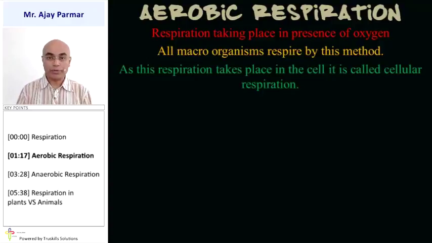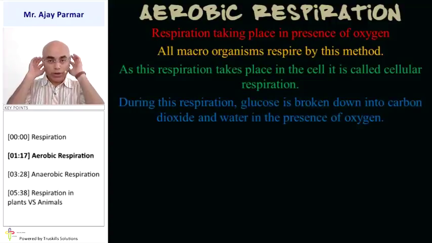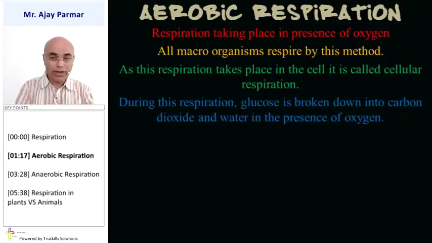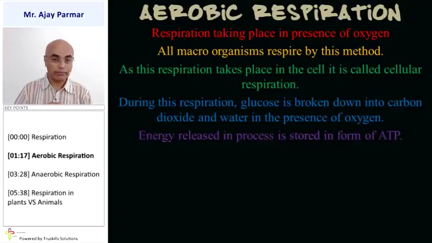In this respiration, the oxygen is utilized in the cell, and for that reason we can also call this cellular respiration. Glucose is broken down, and waste products like carbon dioxide and water are produced in the presence of oxygen, and that carbon dioxide and water has to be removed from the body.